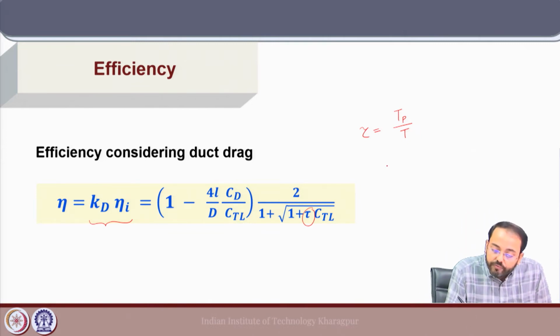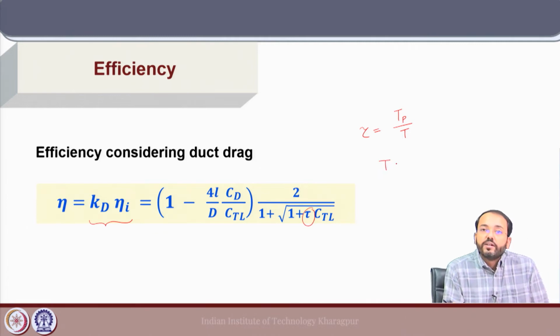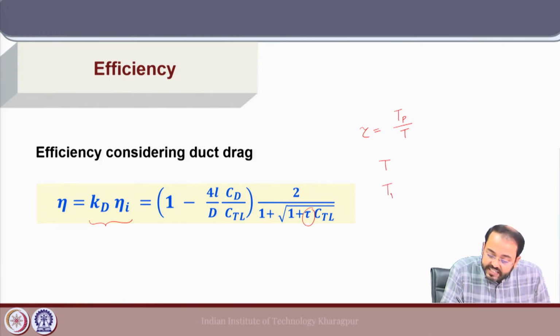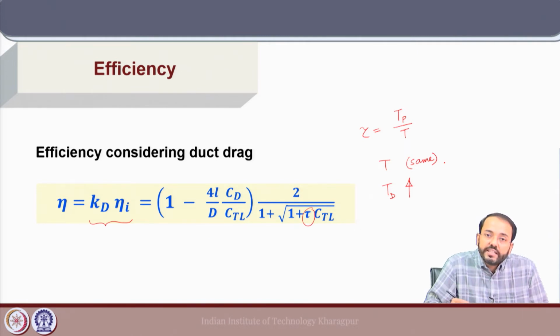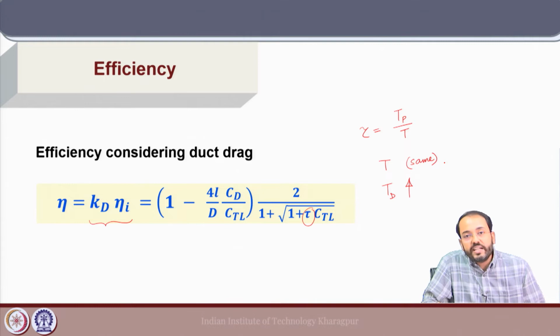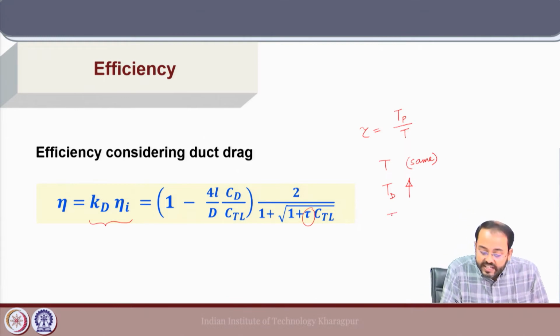Now, for the same thrust, which is the total thrust from the ducted propeller system, if the component of the thrust that is provided by the duct, Td, increases, then Tp is T minus Td.